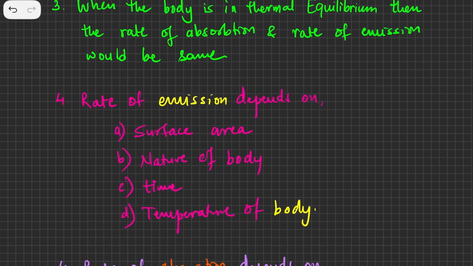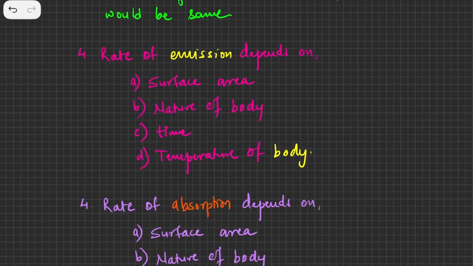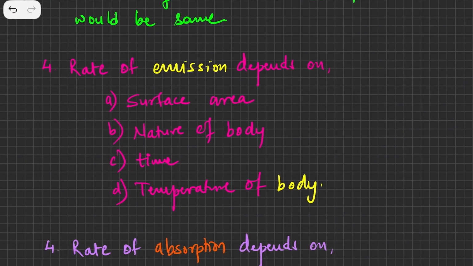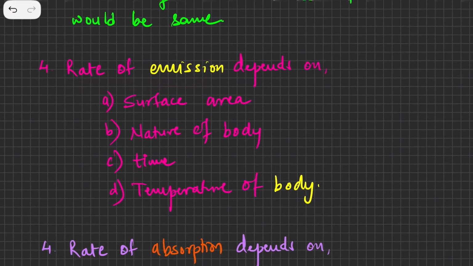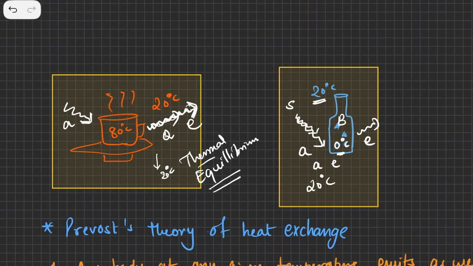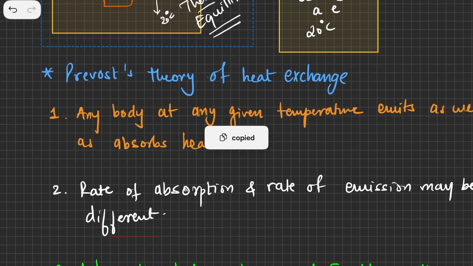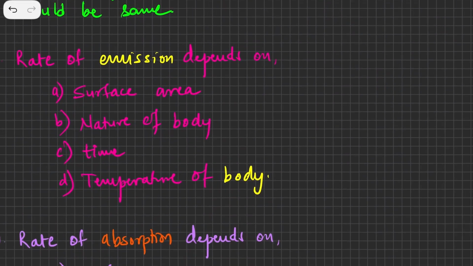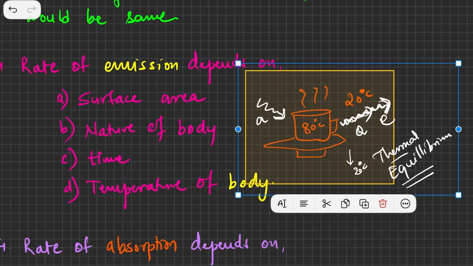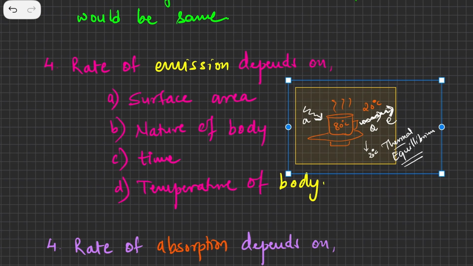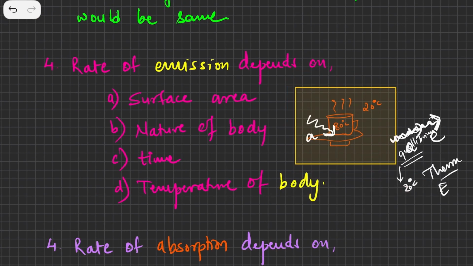Now here is the point where most of the confusion begins. First is the rate of emission, the amount it is emitting. So if I just copy this diagram and paste it over here. Now if you see, the rate of emission, the amount of energy it is emitting, will depend on the surface area of the cup.